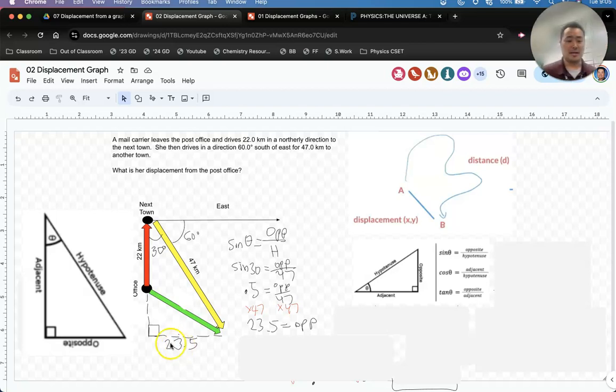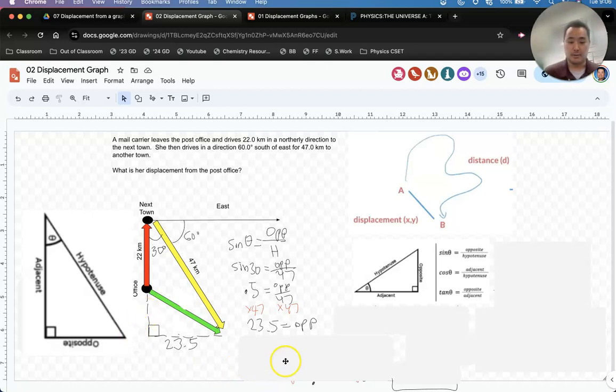So now let's find our adjacent. Class, if we're trying to find the length of this adjacent side, which is the same thing as this, which of these three functions should we use to solve for adjacent if we have hypotenuse? Cos. Spelled cos, but called cosine. Sine, cosine, tangent. So let's write it down.